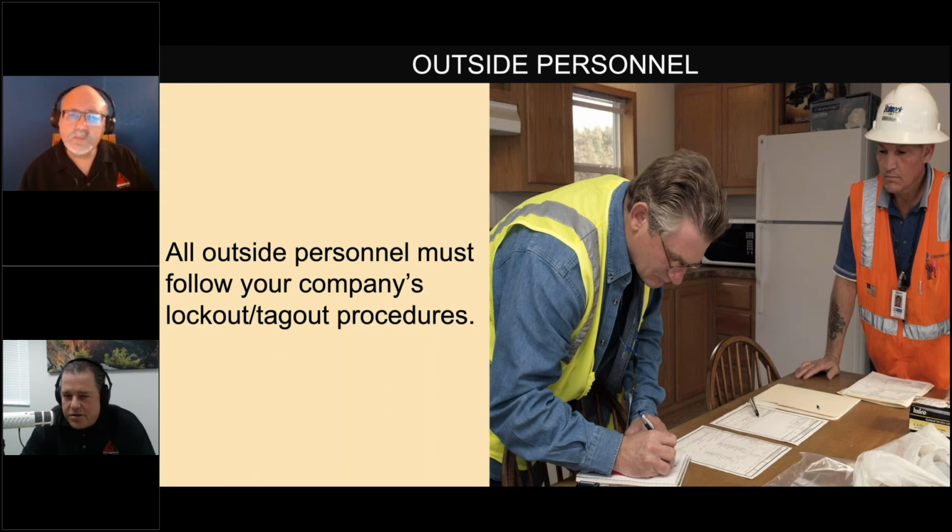They could consider this a multiple employer work site, where they just cite both parties if there's an accident. But you've got to make sure that if somebody's at your facility and they're doing work, they're doing it safely, and they're following some sort of lockout-tagout procedures. Because if there's an accident, where's OSHA or Cal OSHA going to come?